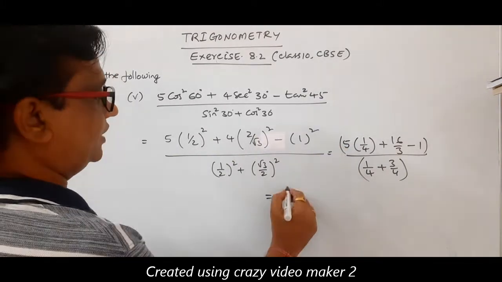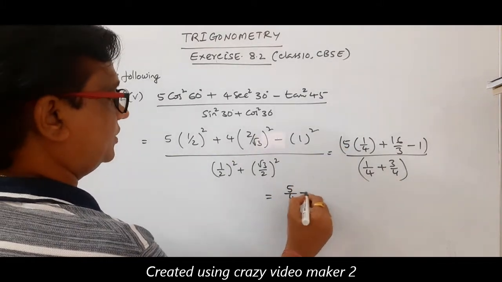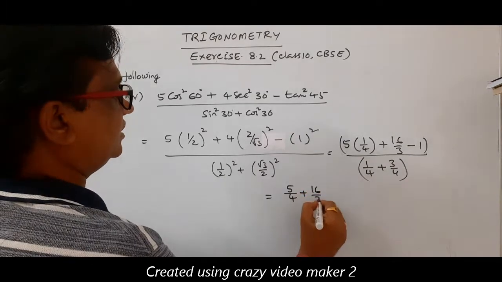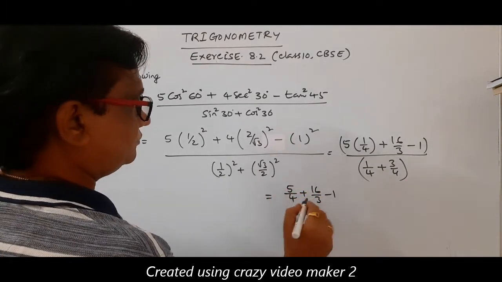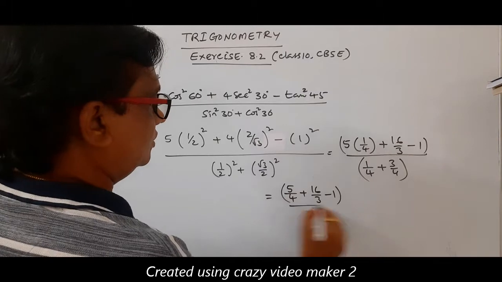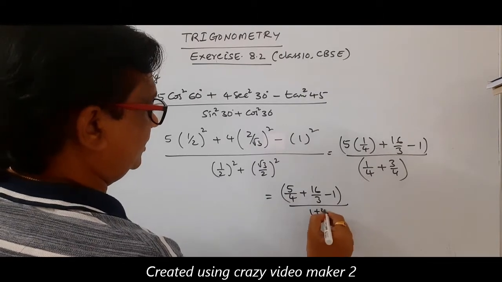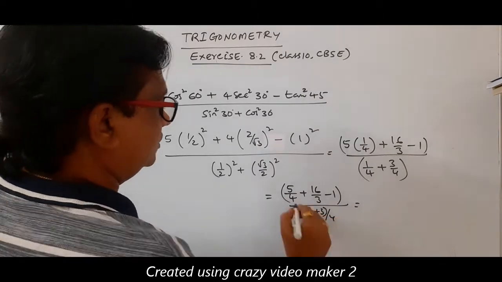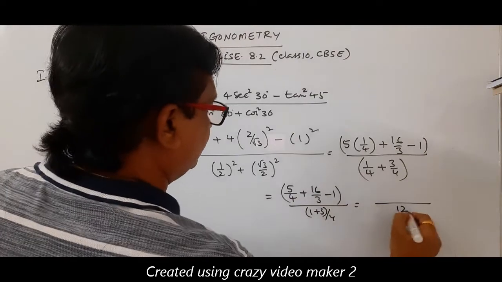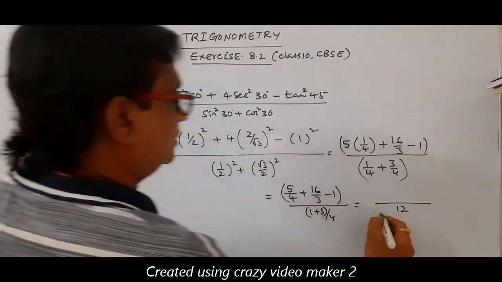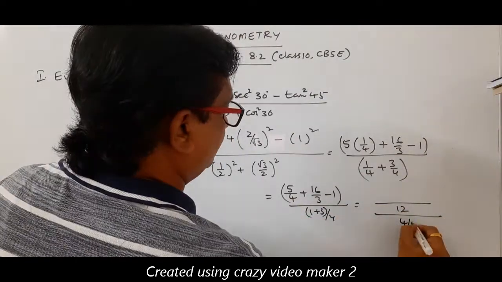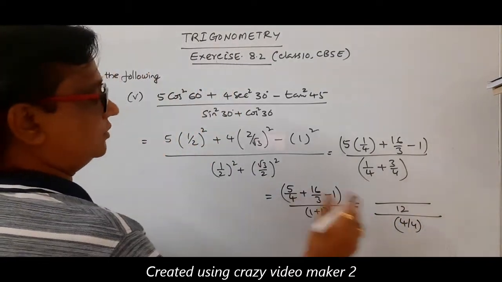Here 5 by 4 plus 16 by 3 minus 1 whole by 1 plus 3 by 4. This one is 12, because this one is 1, you can write otherwise 4 by 4. This is the 12.